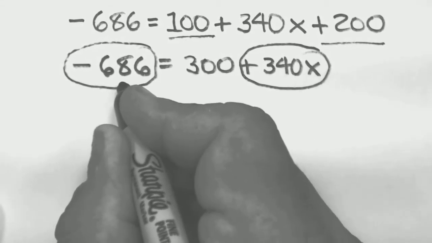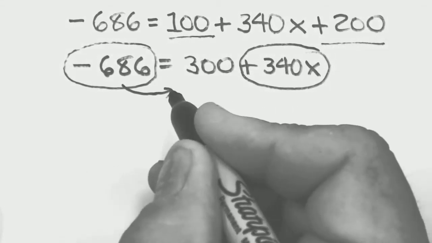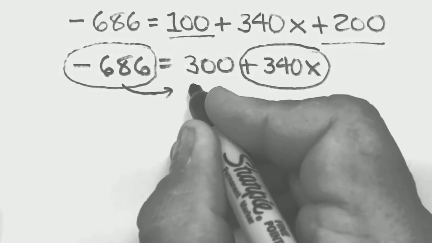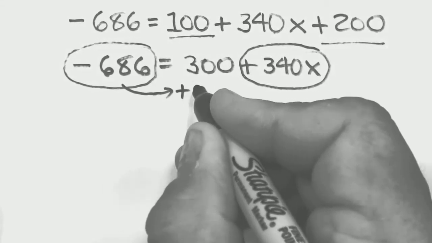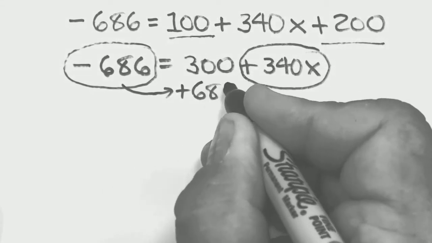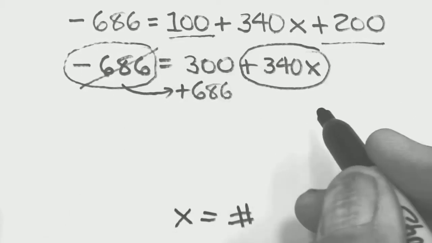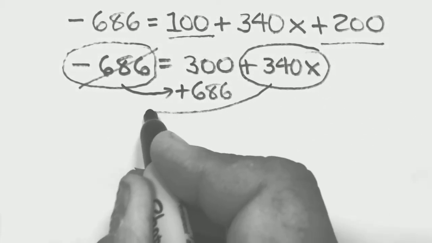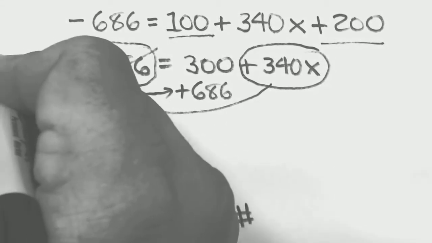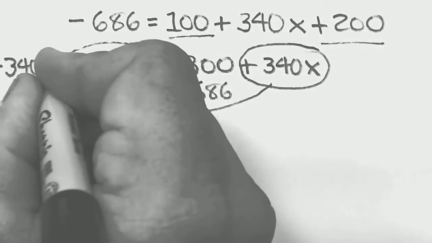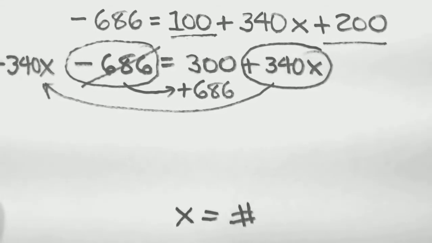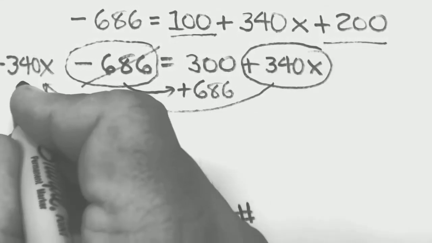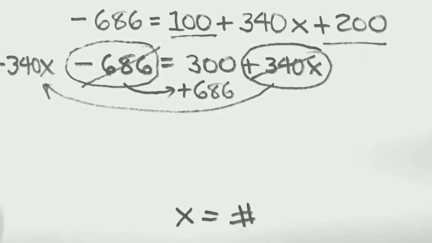Let's move them. Okay. The minus 686 comes over as positive. I'll put the plus to rub it in here, 686. It's been moved. The plus 340x has to come over to this side as minus 340x. There it is. Okay, plus 340x went to minus 340x.